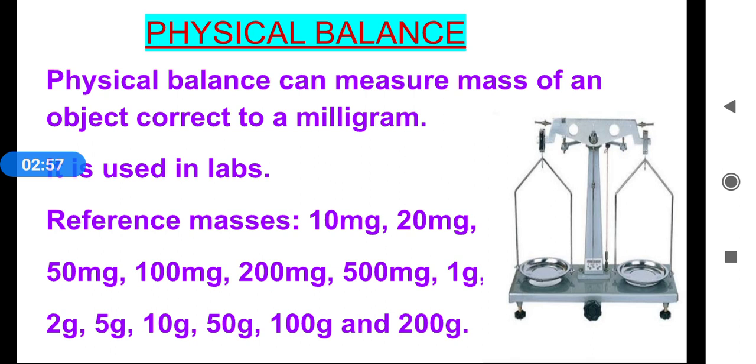The standard reference masses used in this physical balance are 10 milligram, 20 milligram, 50 milligram, 100 milligram, 200 milligram, 500 milligram, 1 gram, 2 gram, 5 gram, 10 gram, 20 gram, 50 gram, 100 gram and 200 gram.